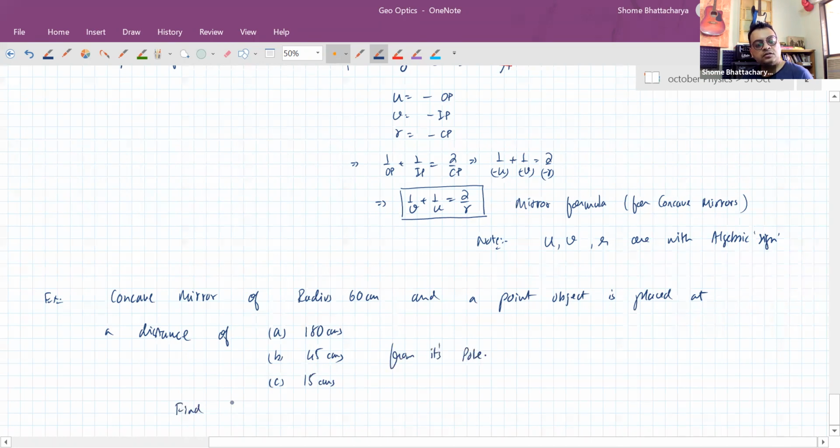So find the position and nature, by nature we mean whether it is real or virtual, of the image produced in each case.